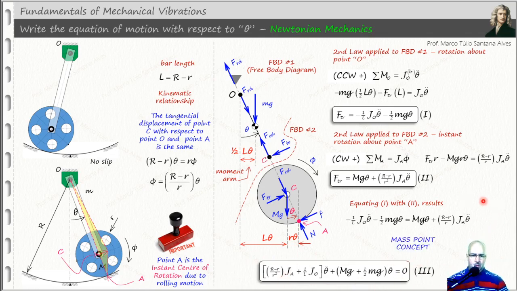Before we go on, we need to discuss a very, very important concept here. The concept of the mass point. Let's remember that the disk can rotate freely at the free end of the bar. There is no friction here.